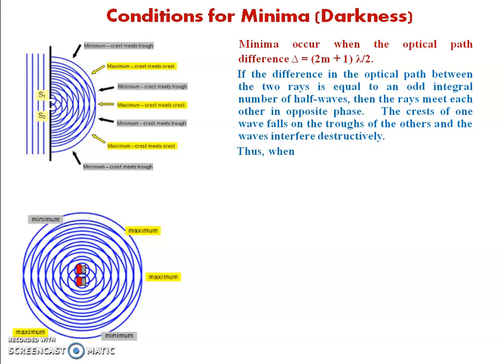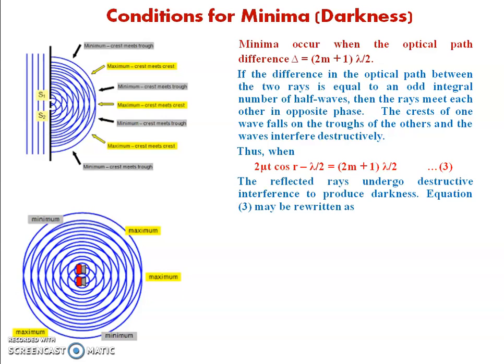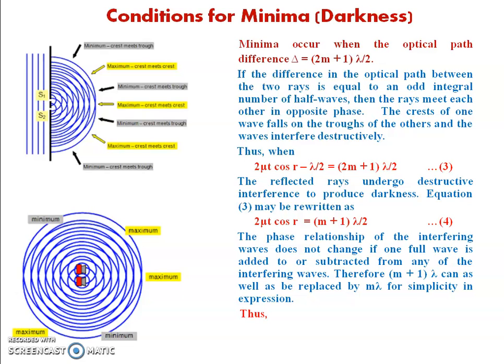Thus, when 2μt cos r minus λ/2 is (2m+1)λ/2, the reflected rays undergo destructive interference to produce darkness. Equation 3 may be written as 2μt cos r equal to (m+1)λ, considered as equation number 4.